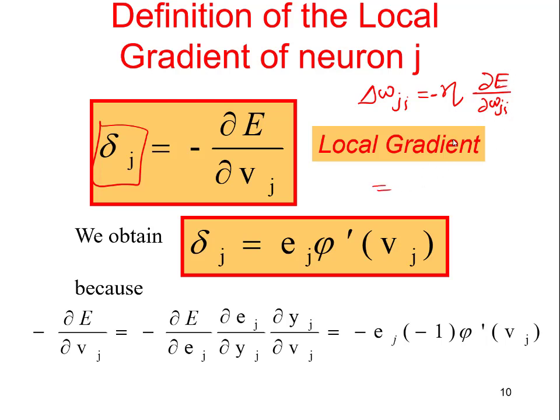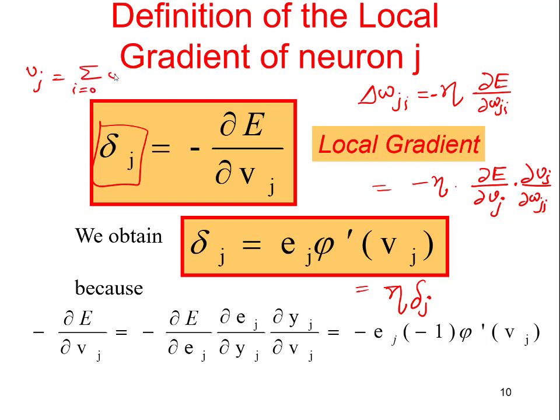So for the jth neuron, if we rewrite this equation in terms of Vj, it will be chain ruled with the weight because it is dependent upon the weight. So we can rewrite the equation as eta times minus delta E by delta Vj, which is delta J. Vj is also a summation over i equal to 0 to m of Wji yi.